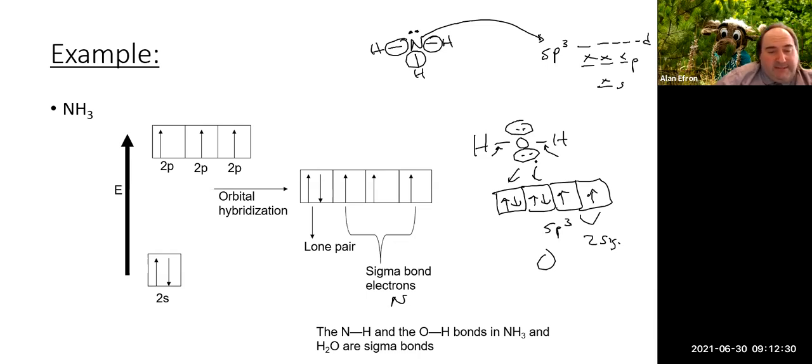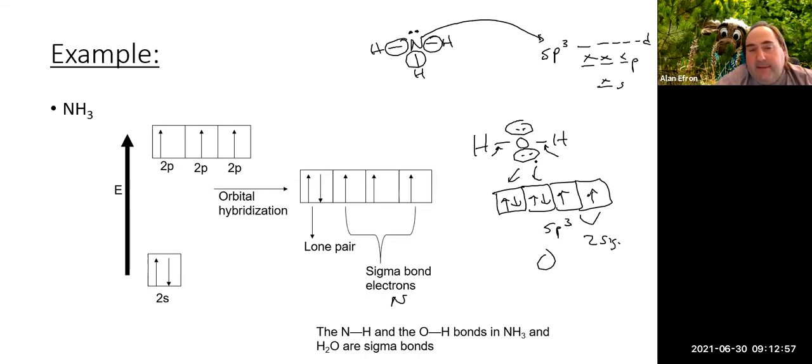So to really simplify what a sigma bond is, it is the way those orbitals overlap, where they come right at each other, head to head. But the simplification is you can think of it as that first line that you draw, or the single bond that you draw, will definitely be a sigma bond in most cases.